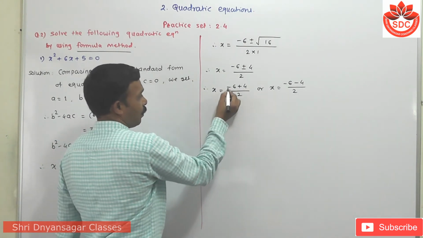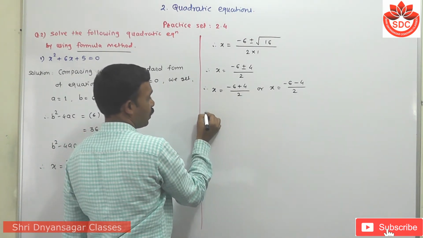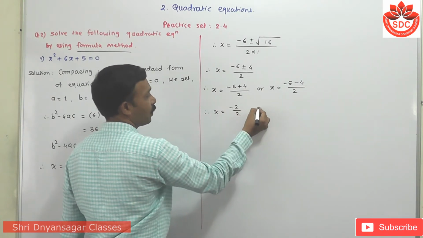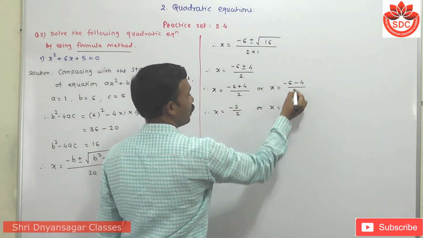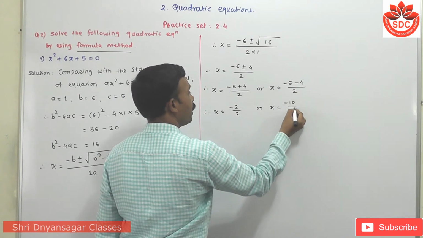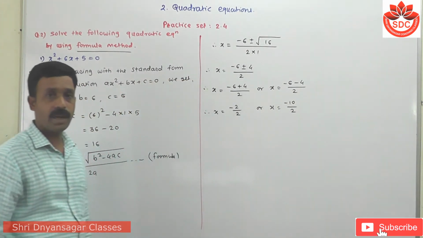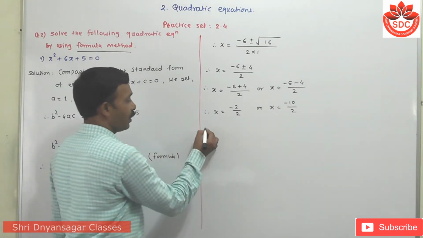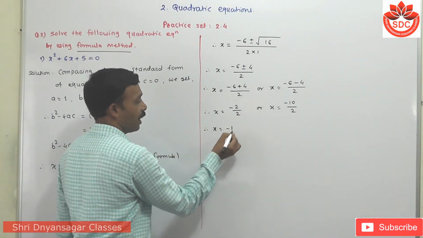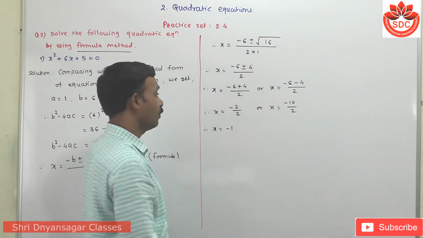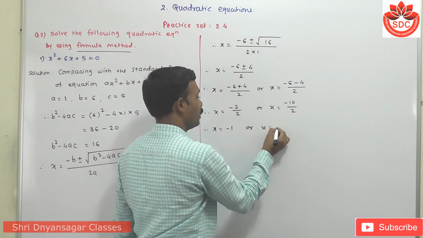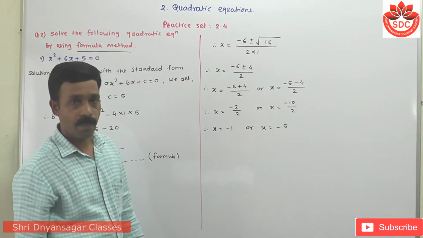Then minus 6 plus 4 becomes minus 2, sign of bigger number, upon 2, or x is equal to minus 10 upon 2, since minus 6 minus 4 becomes minus 10. Then simplify it: we get x is equal to minus 1, 2 gets cancelled, and 2 fives are 10, or x is equal to minus 5.